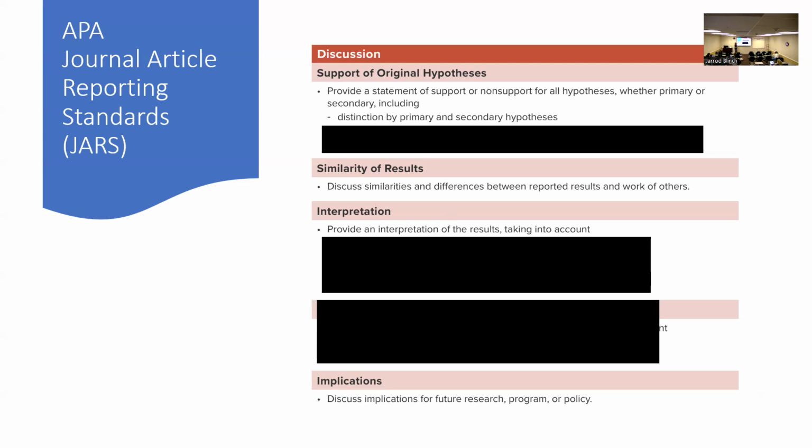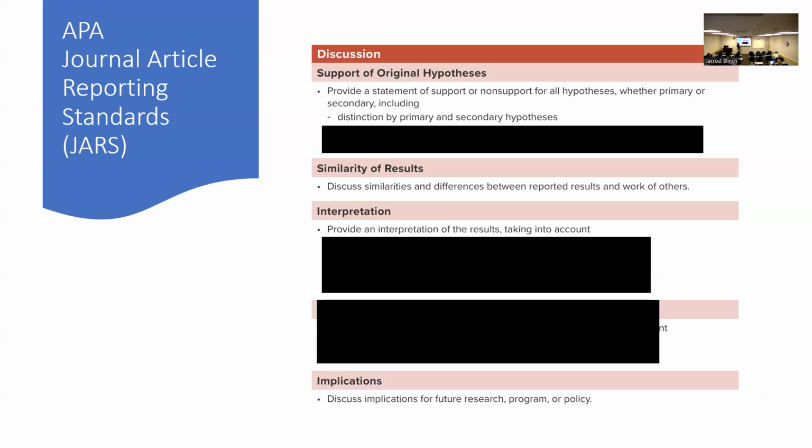Support of original hypothesis: provide a statement of support or non-support for all hypotheses, whether primary or secondary, and make a distinction between primary and secondary hypotheses. So you might have a primary hypothesis about reaction time mean, and a secondary about reaction time standard deviation. When you get to your first paragraph of the discussion, you'll say, our hypotheses were correct, or this one was correct and this one was not, or they both were wrong.